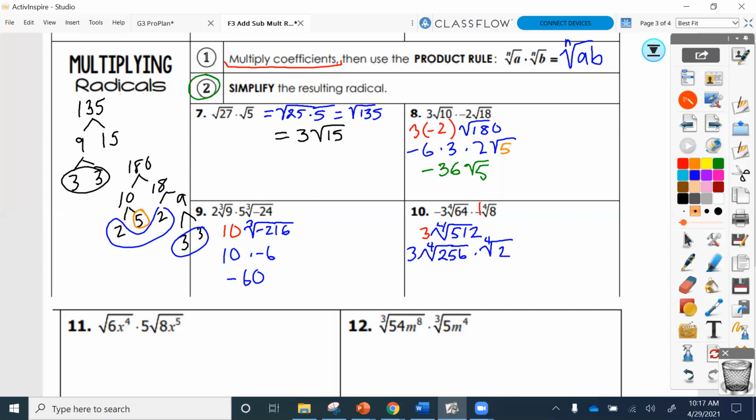So the fourth root of 256 is 4. So our final answer is just 12, fourth root of 2.